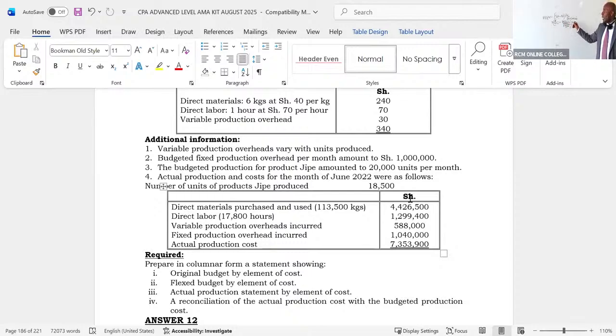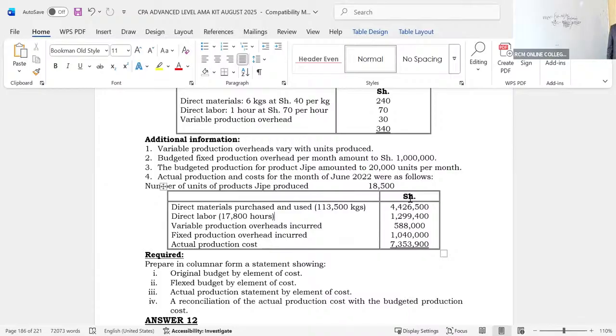And then I say times the actual quantity, not the actual quantity produced and sold, but the actual quantity of raw material. And from the actual results, we are able to see that the actual quantity of raw materials was 113,500, isn't it?